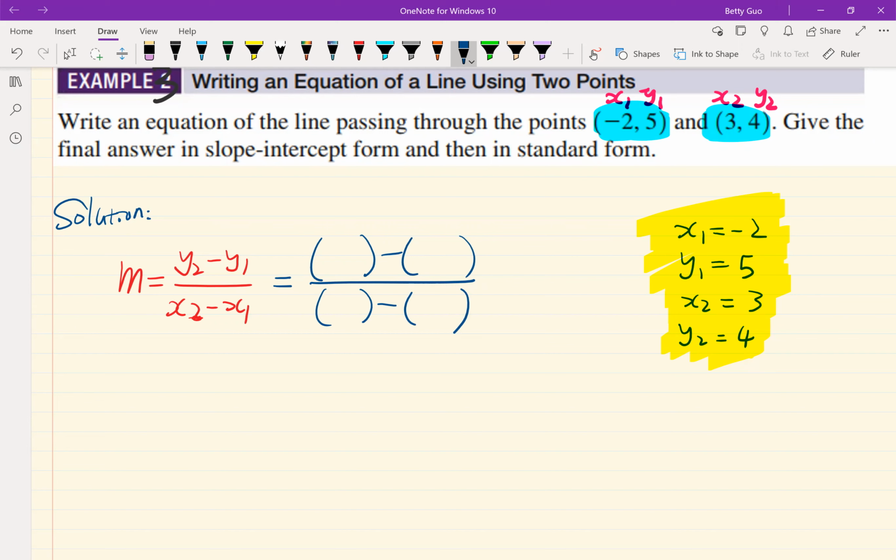Please do the same thing. Use parentheses to hold the places of the 4 variables, and then plug in the values. Let me know what you have.